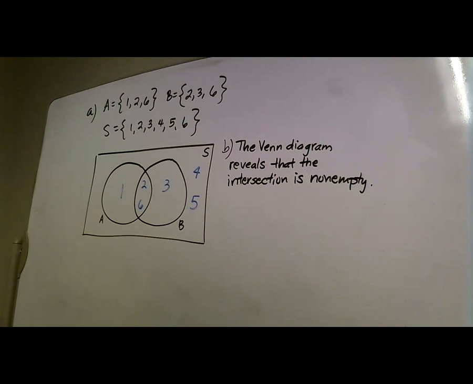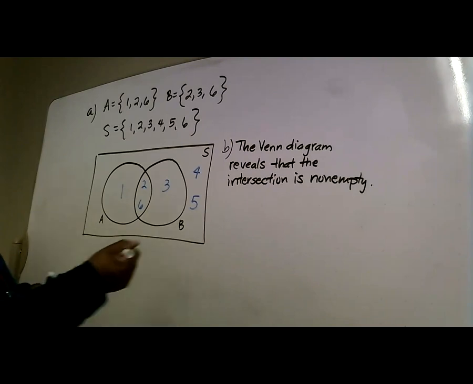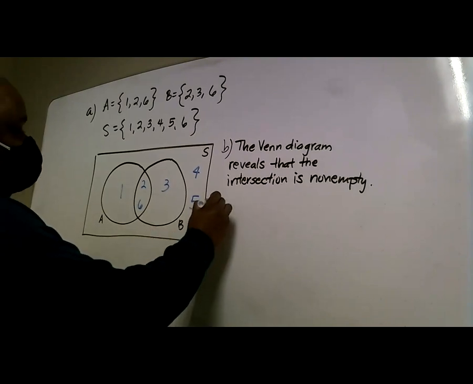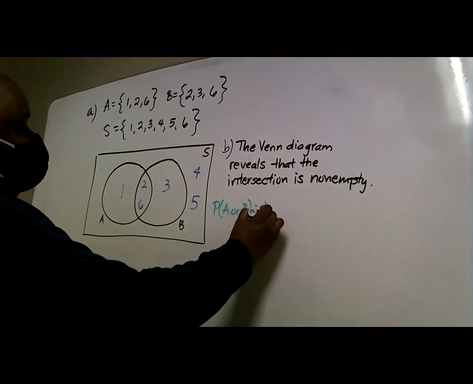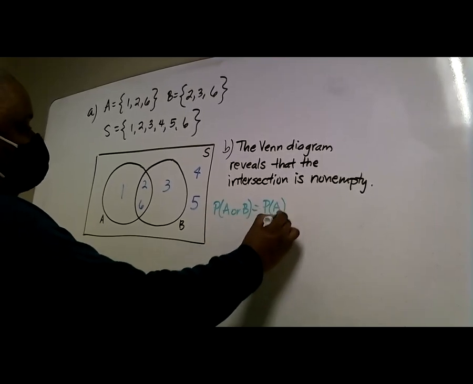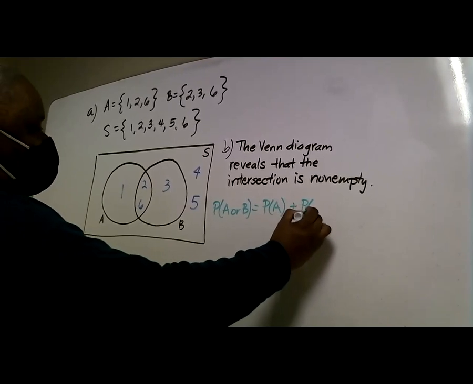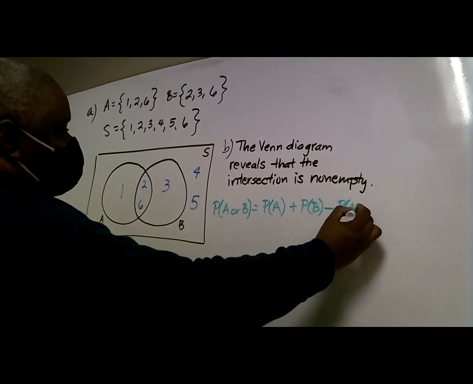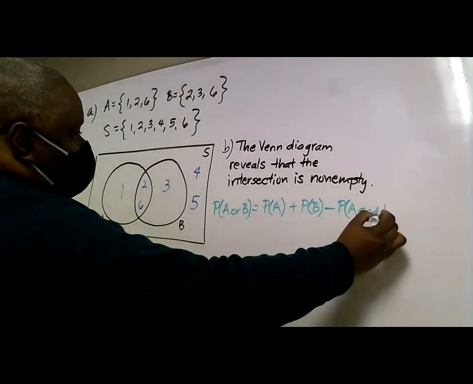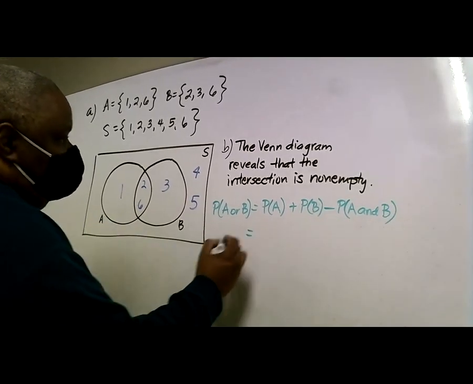Okay, so if I did want to find the probability of A or B from this, then I have to use this: the probability of event A plus the probability of event B minus the probability of A and B occurring.